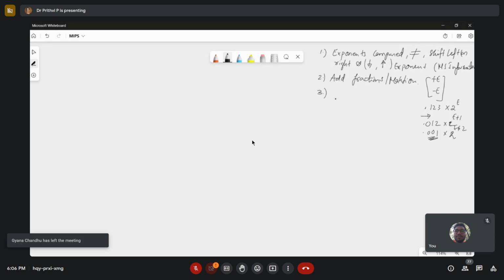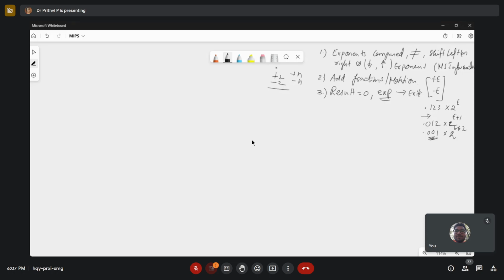If the result is zero, you have to represent the exponent accordingly and you can exit. If you are adding two numbers, positive and negative, or both values zero, you will get the result as zero. Only two conditions you have. When can the result be zero? When you are adding plus 2 with minus 2, or plus n with an equivalent magnitude number.